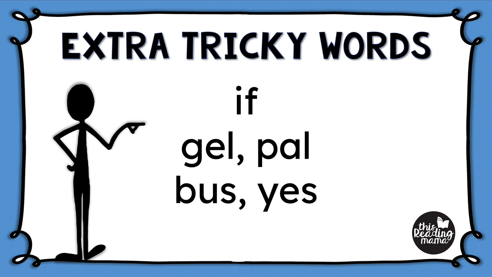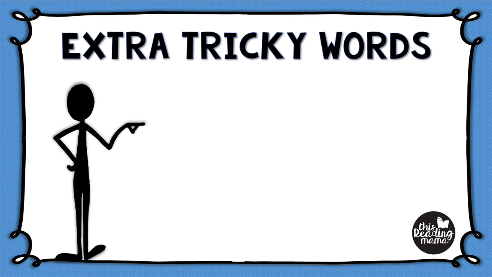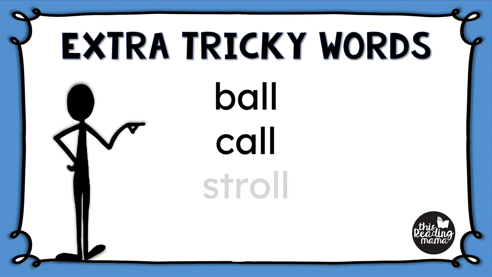I couldn't find any, but in these examples here, you'll see that they all end with those letters, but yet they're not doubled. Another set of extra tricky words would be words like ball, call, stroll, and pull. Now, these words do not have the short vowel sound in them, so I would wait to teach these or introduce these long after they have the short vowel and the listening for the last sound under their belt.